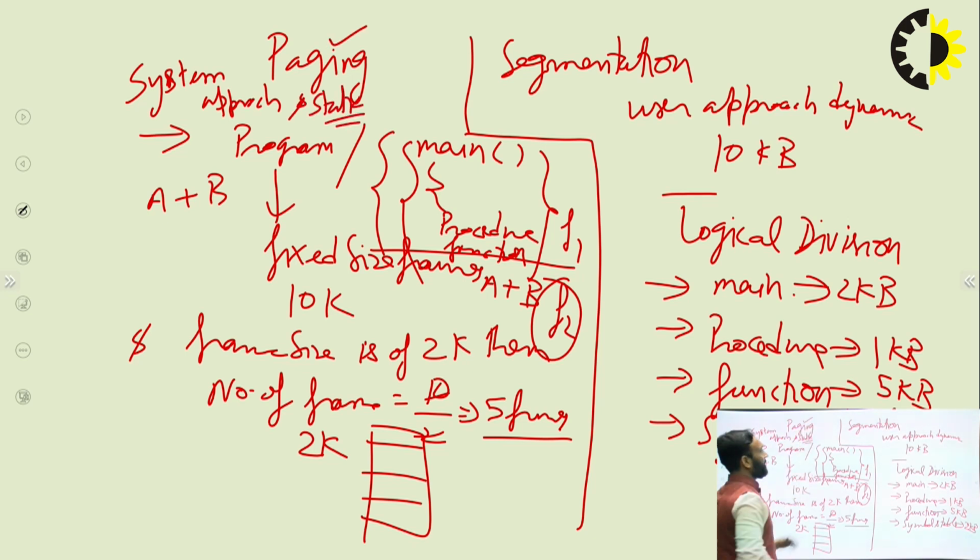It is fast as compared to segmentation, but the problem is that for fetching the same function, we will go to 2 frame locations, or 2 address locations, in the machine. So now hopefully it is very clear to all of you what the basic difference between paging and segmentation is. Now let us come to how segmentation is done in a machine or for a program.